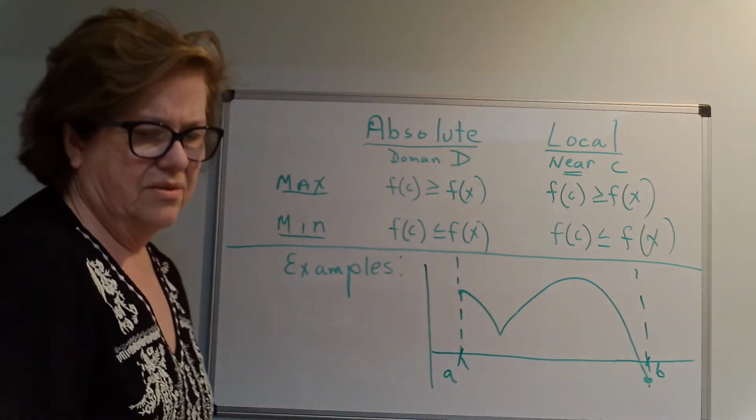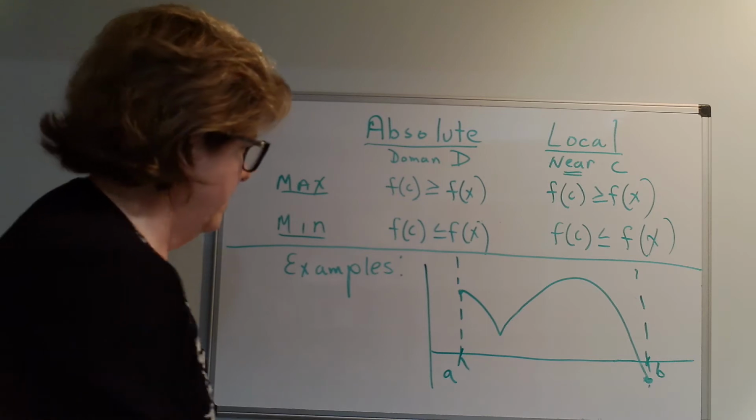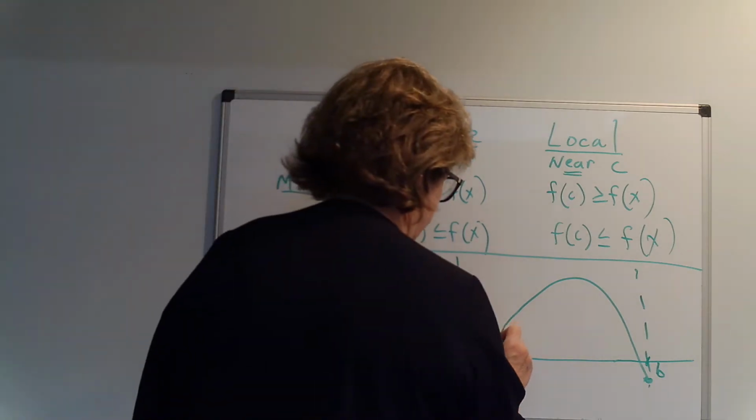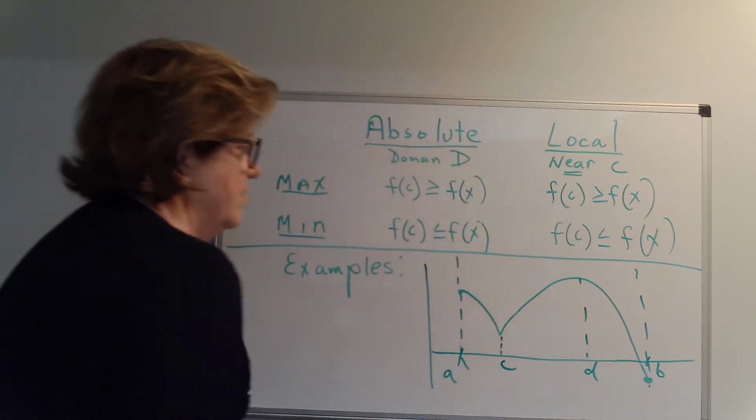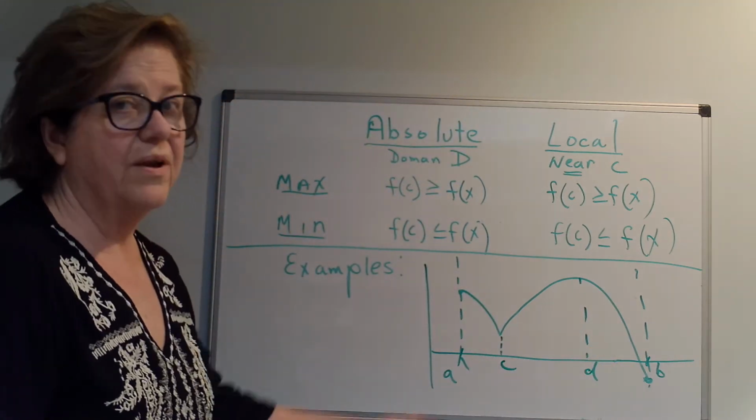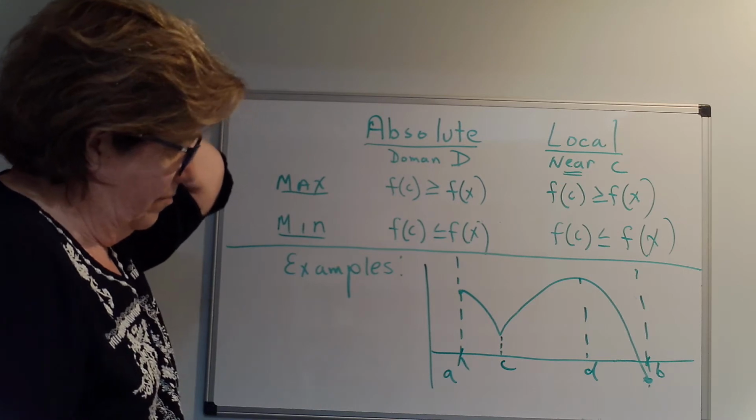Okay, so now let's look at what we can identify. Let's say this is A, let's say this is C, let's say this is D. These are the interesting places on the graph.